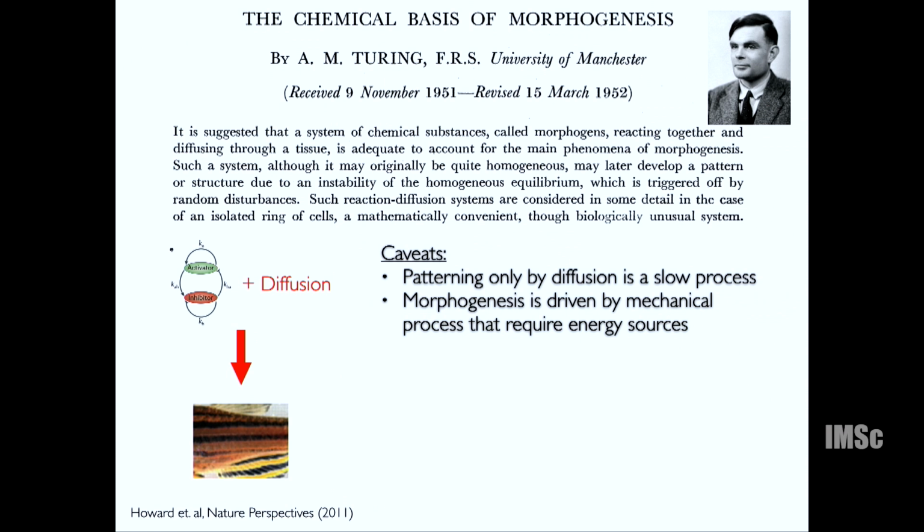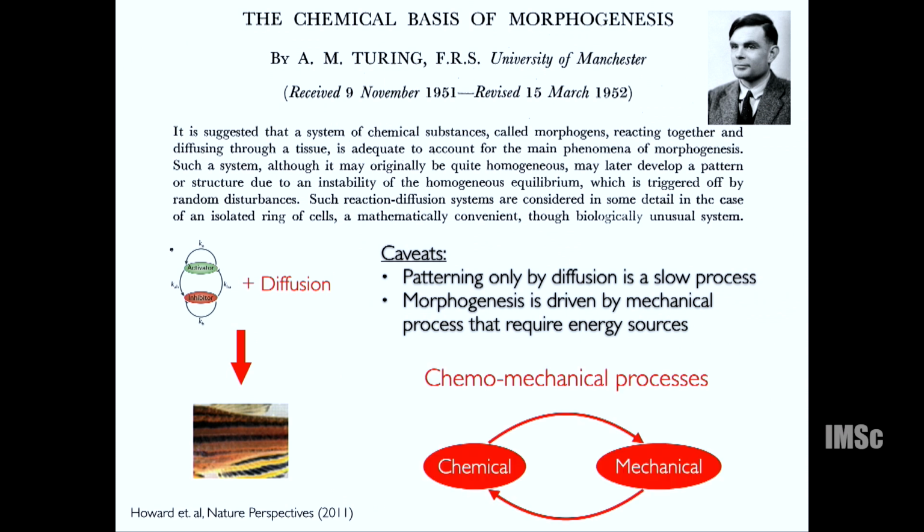There are mechanical force generators inside the cells and tissues, which actually speed up the process of redistributing these proteins. And these are basically chemomechanical or mechanochemical processes. In other words, you have chemical processes which generate forces, and these forces actually drive transport or flow, and that can redistribute the chemicals. Let us see an example.